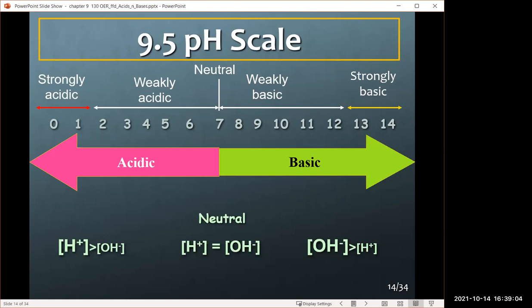The pH scale is nothing more than a numerical value based on the concentration of the proton. All right, and that scale runs from 0 to 14. 7 is what is considered to be neutral. You might be familiar with this pH scale.